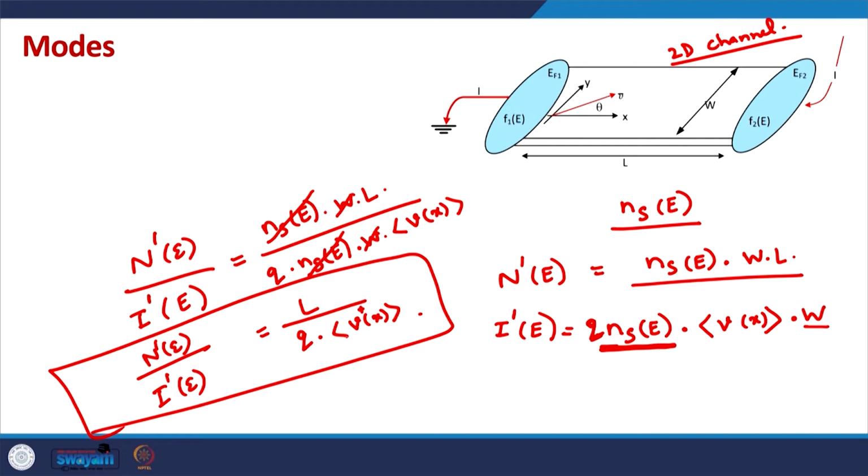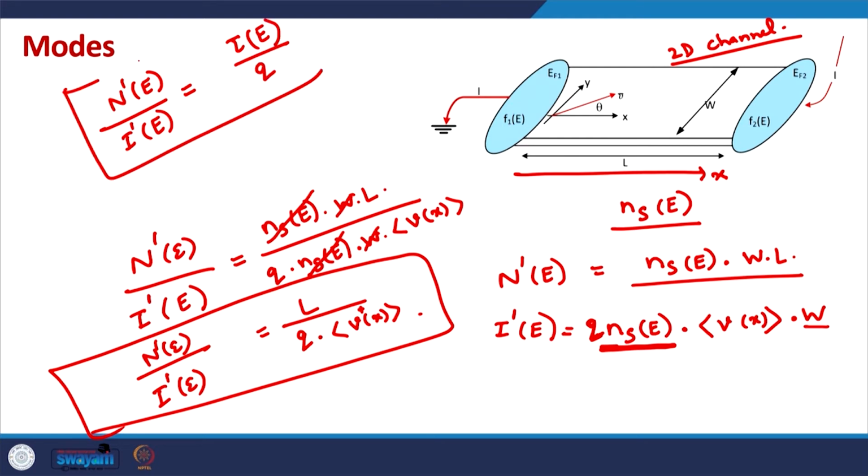V plus x is the average velocity of electrons in positive x direction. Okay. And from our previous analysis, we found out that the ratio of n prime e and I prime e is essentially tau e divided by q.